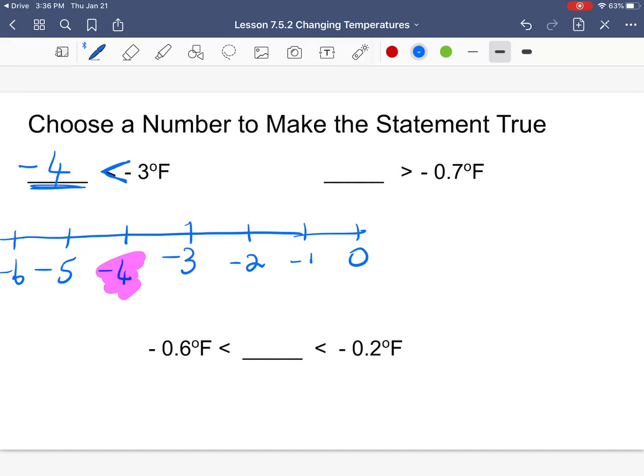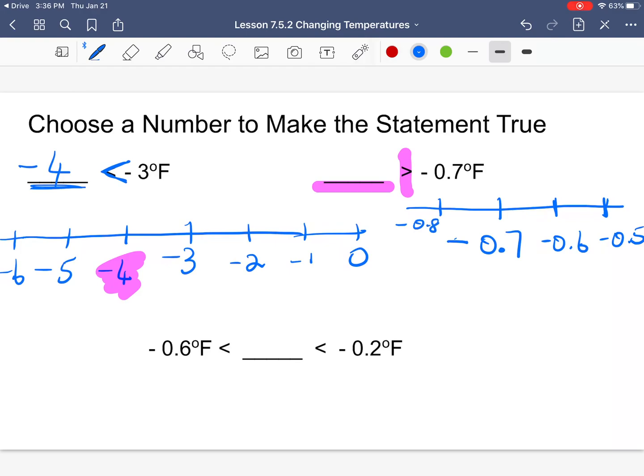And for the example on the right hand side here, we're looking for some number that's greater than -0.7. Greater than because the wide side of the inequality symbol is pointing towards the number you're going to choose. So I'm going to write -0.7, and on the right of it we'll have -0.6, -0.5, and then to the left -0.8, and so on.